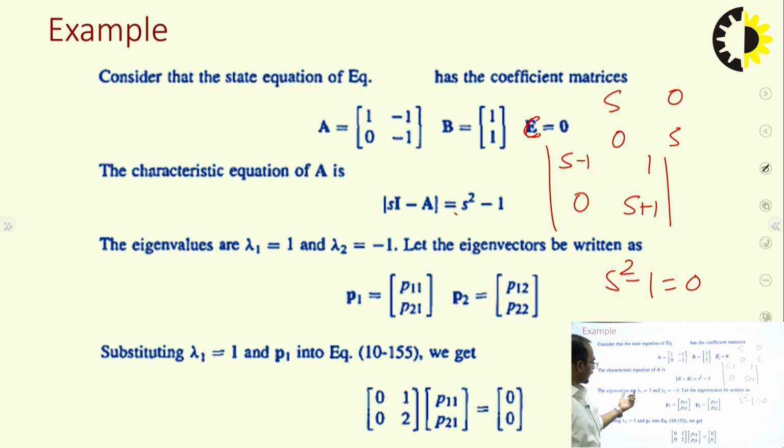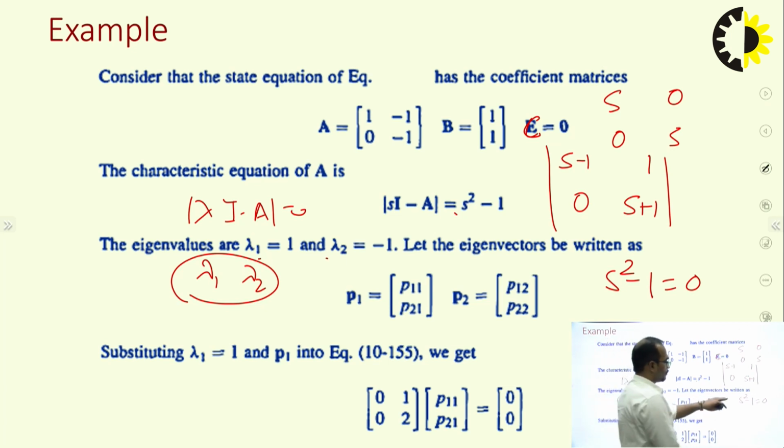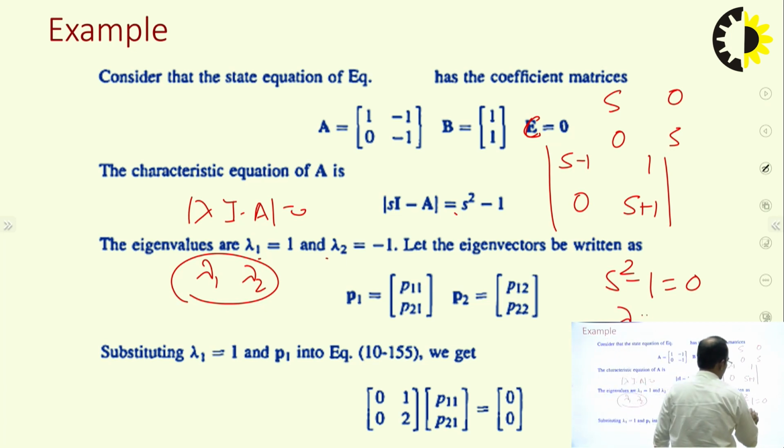For getting the eigenvalues, we will consider |λI - A| = 0. I am considering λ1 and λ2. What will be the value of s² - 1 = 0? This gives s = ±1.